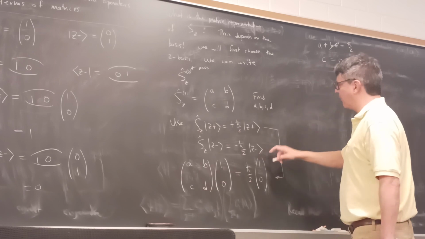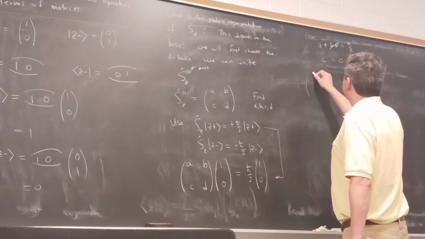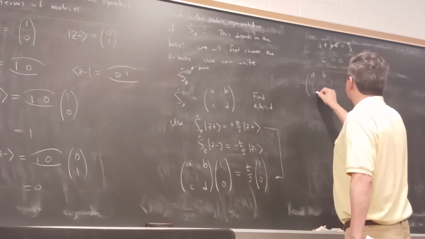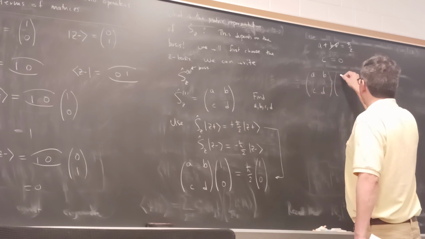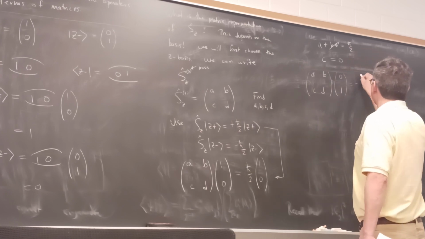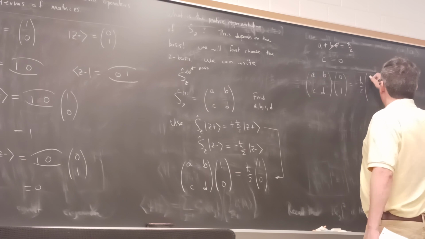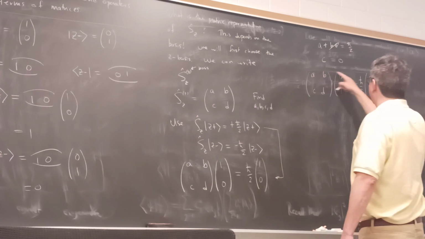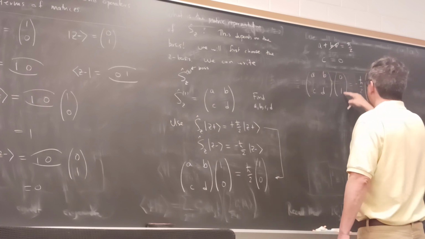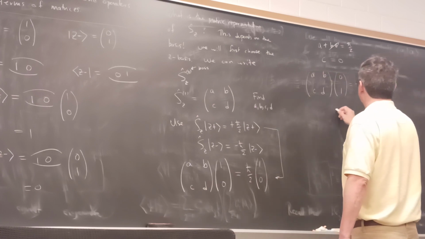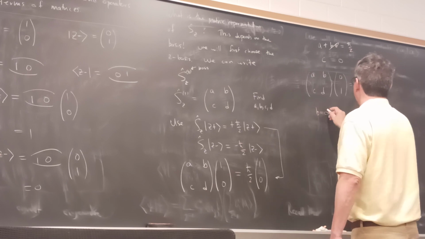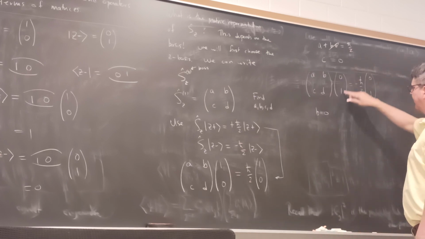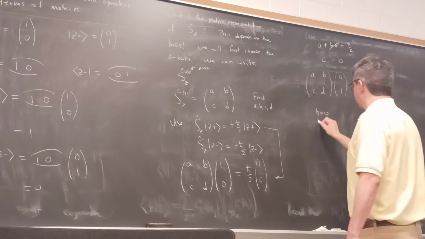So let's use the other equation. So now we have A, B, C, D operating on 0, 1, and this has to give us minus h bar over 2 times 0, 1. And so the top row will give us B equals 0, and then the bottom row, I'll have D equals minus h bar over 2.